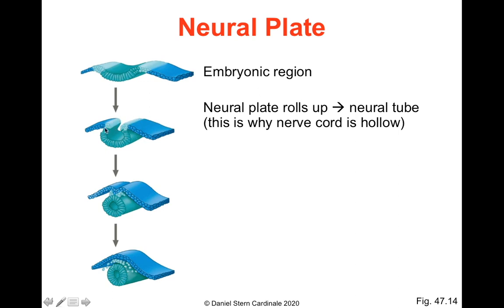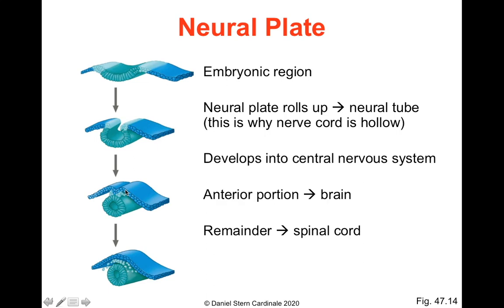So we have this structure that folds inwards and the sides fold over, and eventually those sides are going to pinch closed. So you have a flat dorsal surface right here, and then below that, just ventral to that, but still on the dorsal side of the organism, you have a hollow tube that is ultimately going to become the dorsal hollow nerve cord.